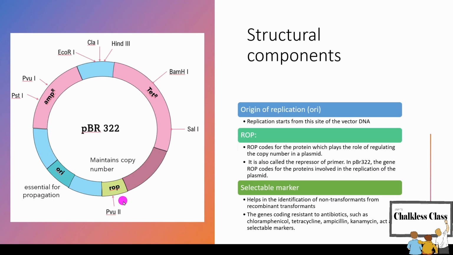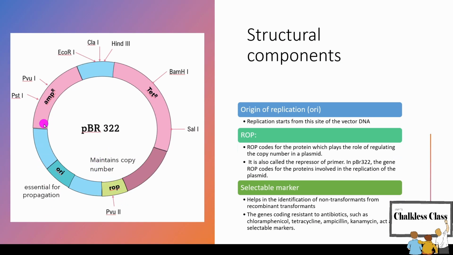It must also have one ROP site or sequence. ROP is also called the repressor of primer, and it codes for the proteins involved in the replication of the plasmid. This ROP not only codes the proteins but also plays the role of regulating the copy number in a plasmid. So ROP maintains the copy number of the plasmid.